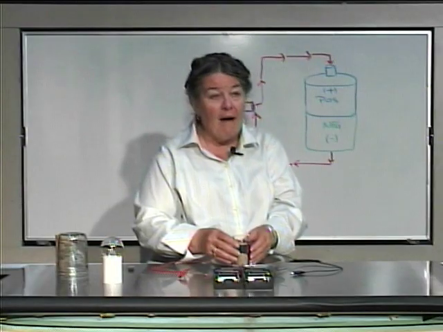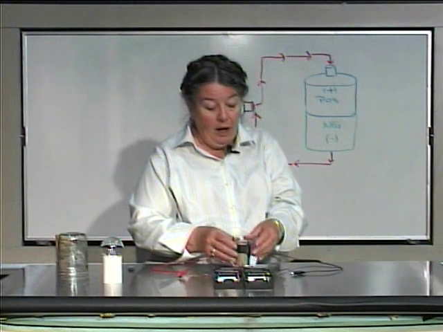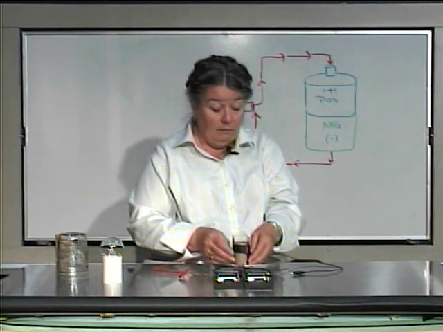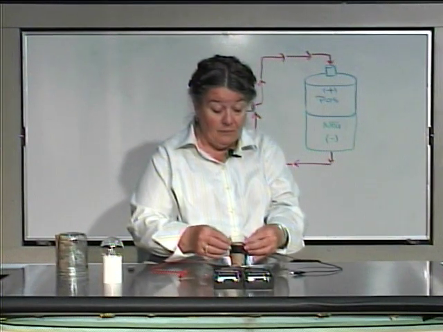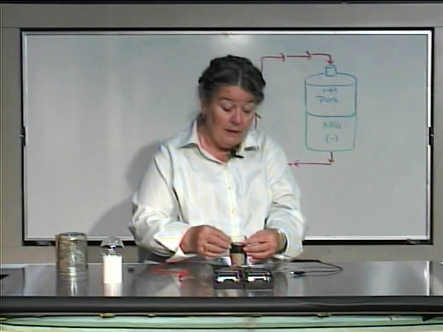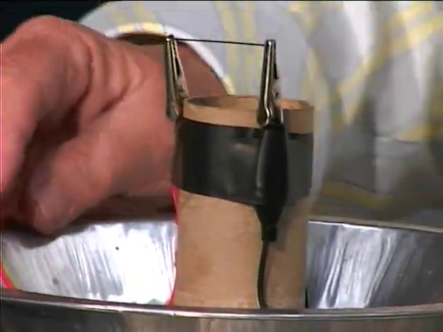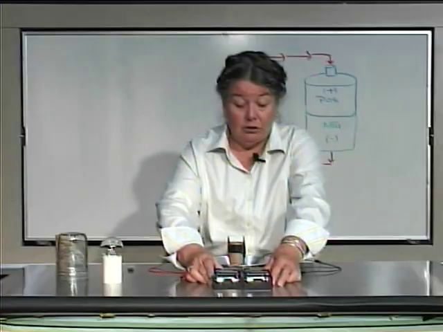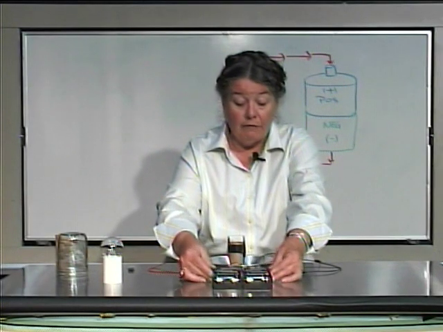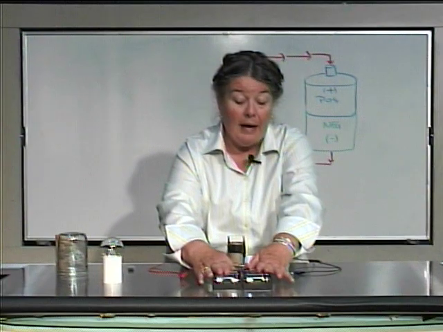So here we have our make-believe light bulb with our filament in between. We have our closed circuit voltage source, which is our batteries.